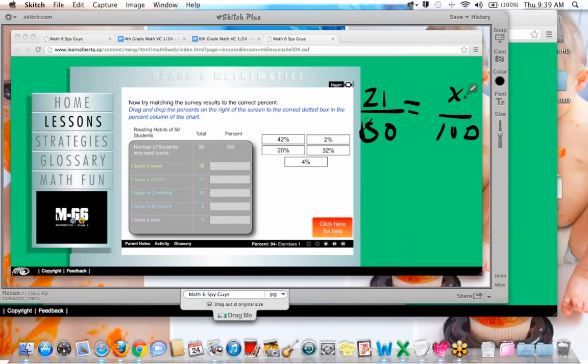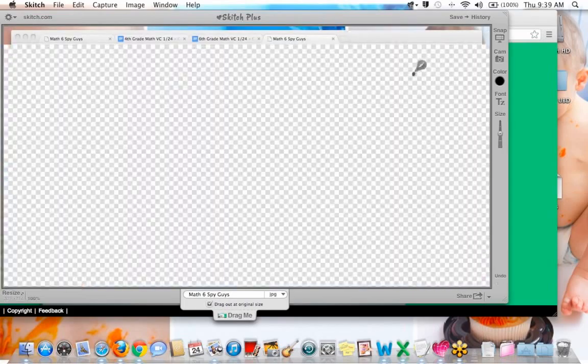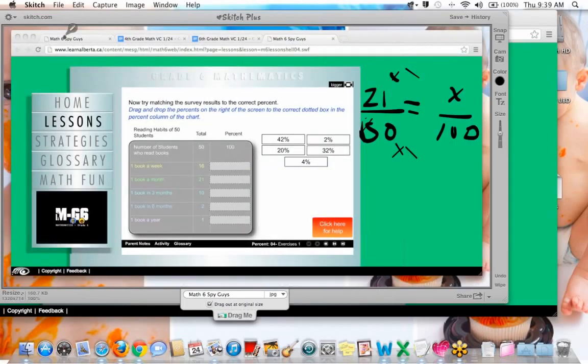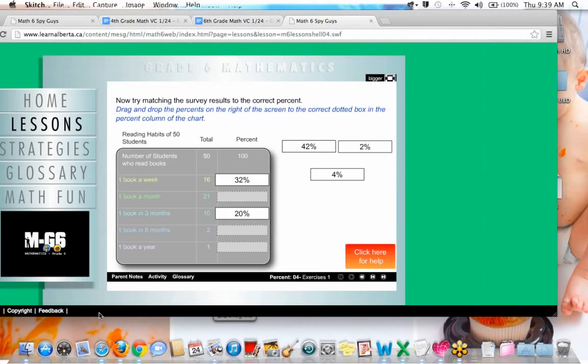So yes, you guys have all got that correct. It's pretty simple. If you just multiply both by 2, 21 times 2, and all of you are telling me that is 42%. Perfect.